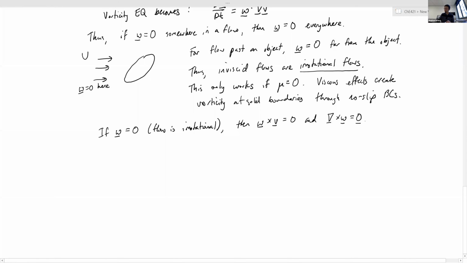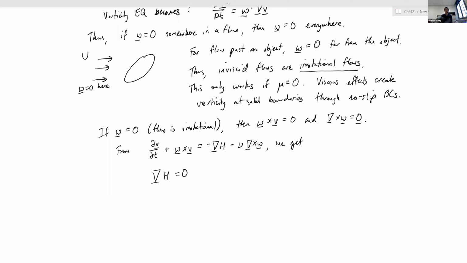And so what that means is that from the other preliminary equation that we had, which I'll just rewrite right here, what we get is then, okay, and I'll say this is 0 because it's steady.